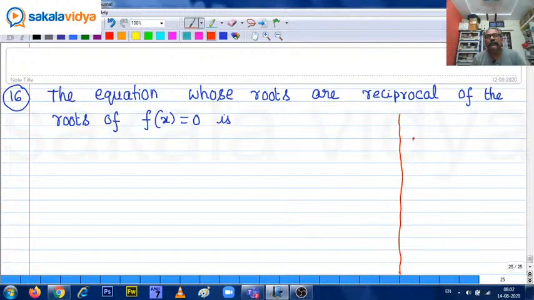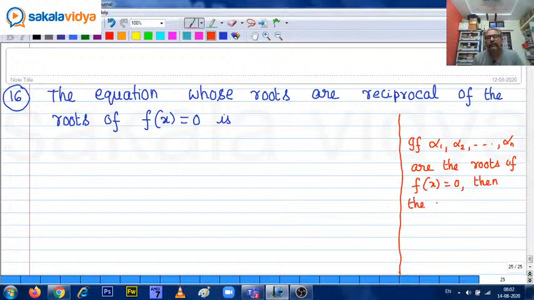That means, for example, if alpha 1, alpha 2 and so on up to alpha n are the roots of f of x is equal to 0, then the equation whose roots are 1 by alpha 1, 1 by alpha 2, and so on up to 1 by alpha n is what we need to find out.